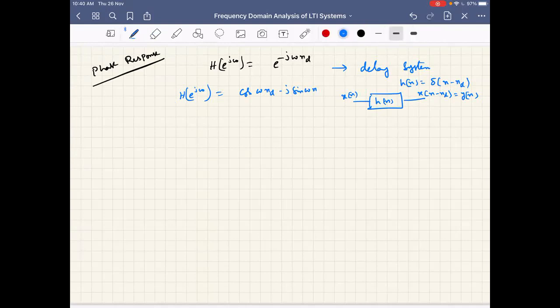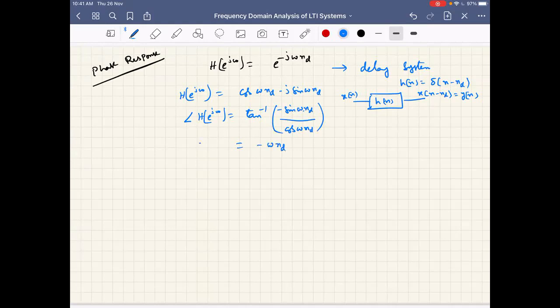Now we write the angle. For any complex quantity, the phase is given by tan inverse of minus sine omega nd by cos omega nd, and this is also tan inverse, so minus omega nd.